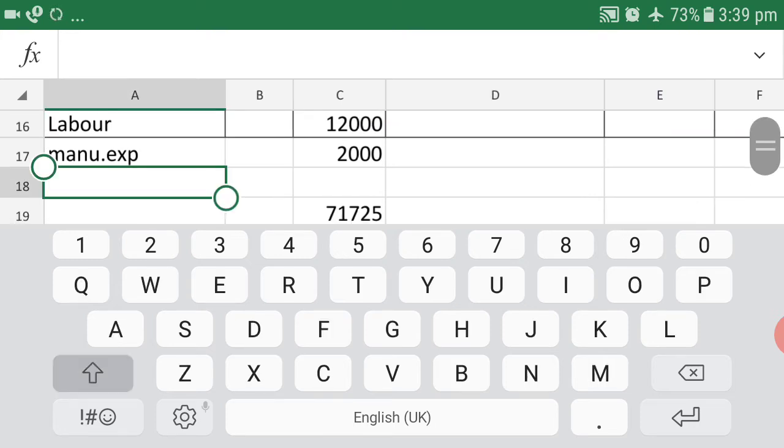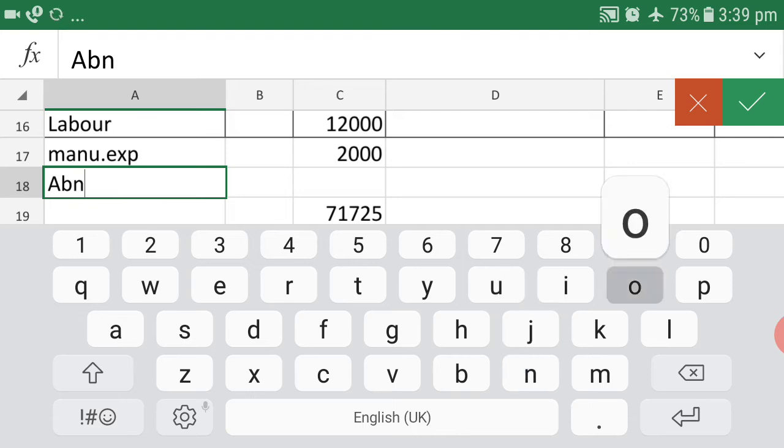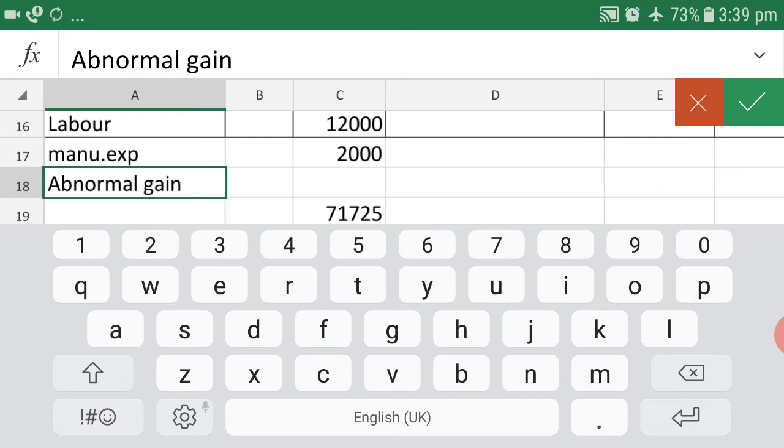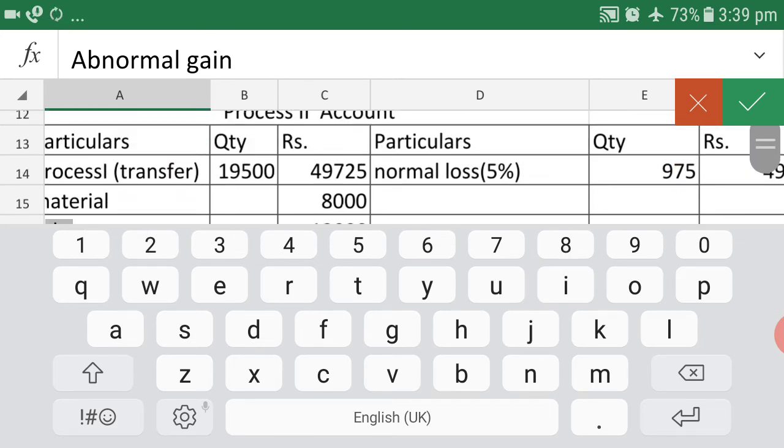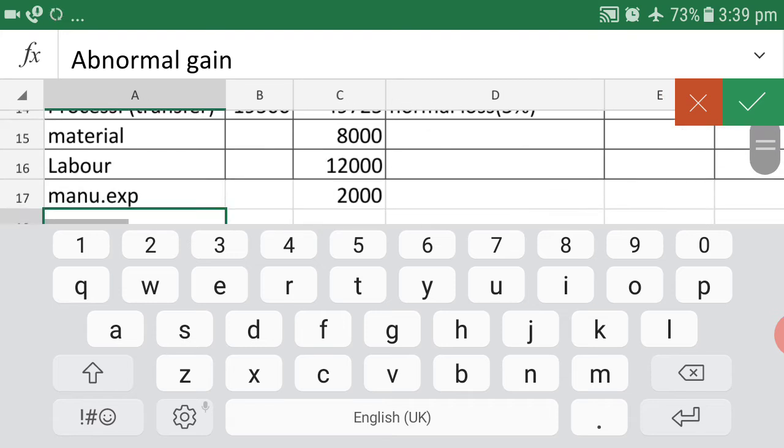Come to our table. Here we concluded that there is an abnormal gain, so we need to show it on the debit side of the process account.